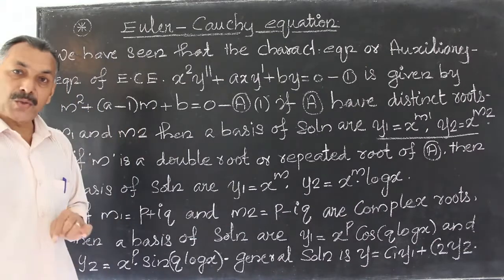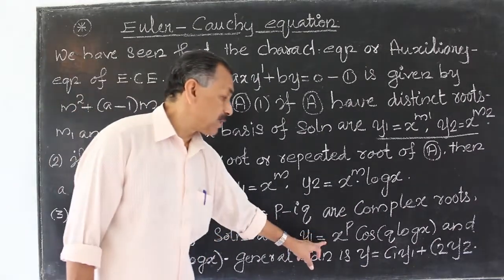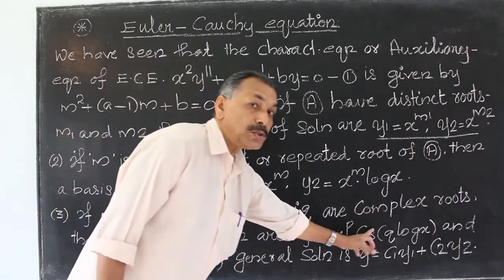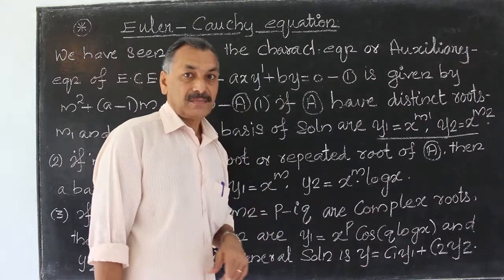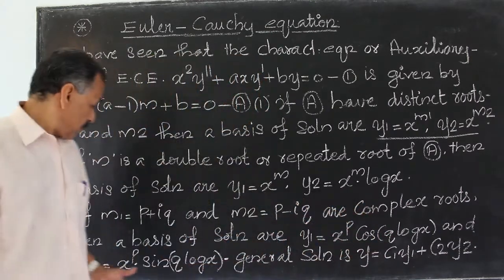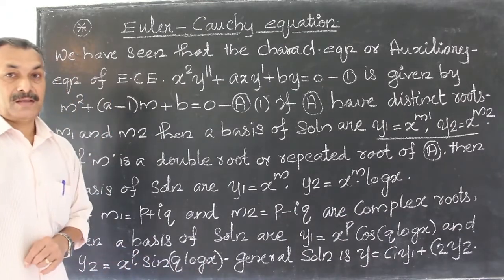Then the basis of solutions are y1 is equal to x raised to p, the real part, into cos(q log x), and y2 is equal to x raised to p into sin(q log x).